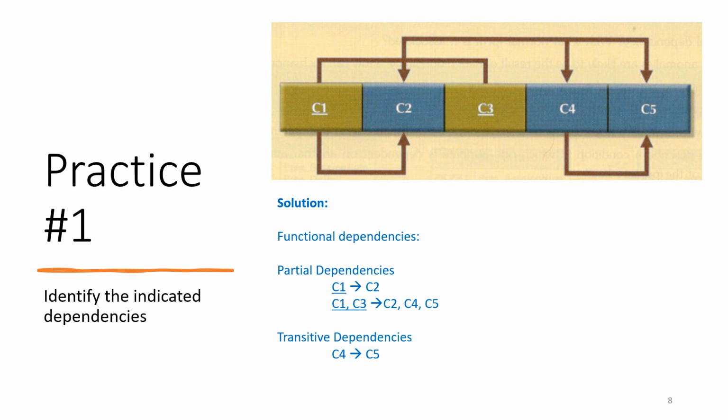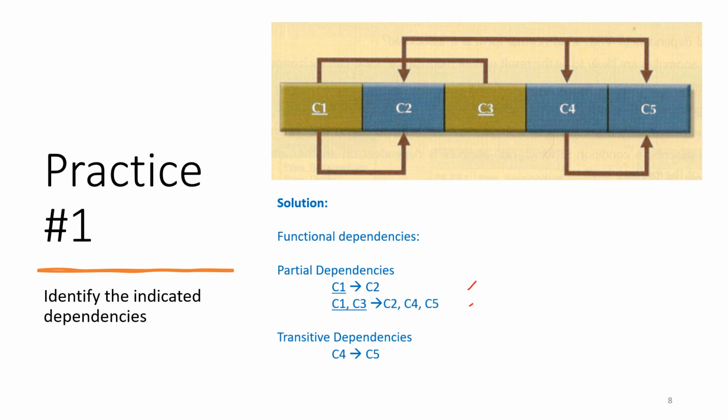They exist in the figure because, for example, C1 and C3 is a key, and then C1 is used to identify C2, and C4 can identify C5, but C1 is a primary key, C4 is not. So C1 is a partial dependency and C4 is not a partial dependency, but it is a transitive dependency.